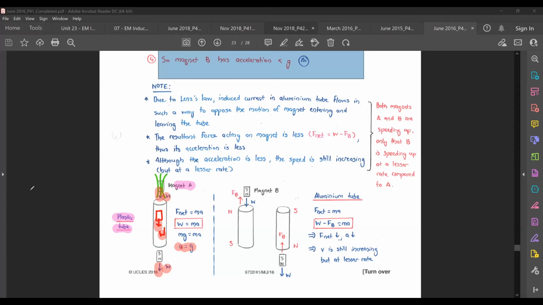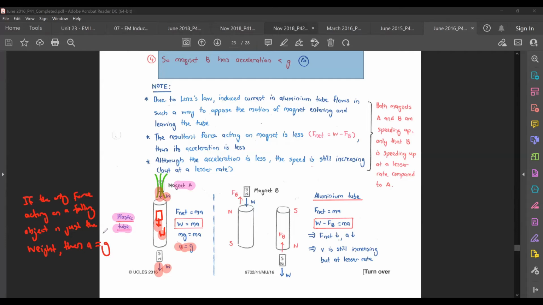Now, this one is actually something from AS physics. If the only force acting on a falling object is just the weight, then a will be equal to g.